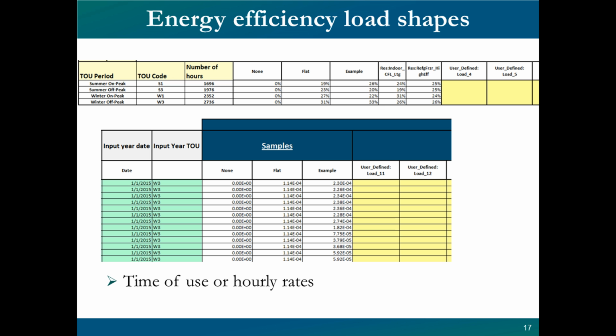Whereas if there is more detailed data available at an hourly time set, then those can be entered in the hourly format as shown in the snapshot below. So if you look at the user-defined load 11, that's an 8760 input array where an hourly profile could be entered.